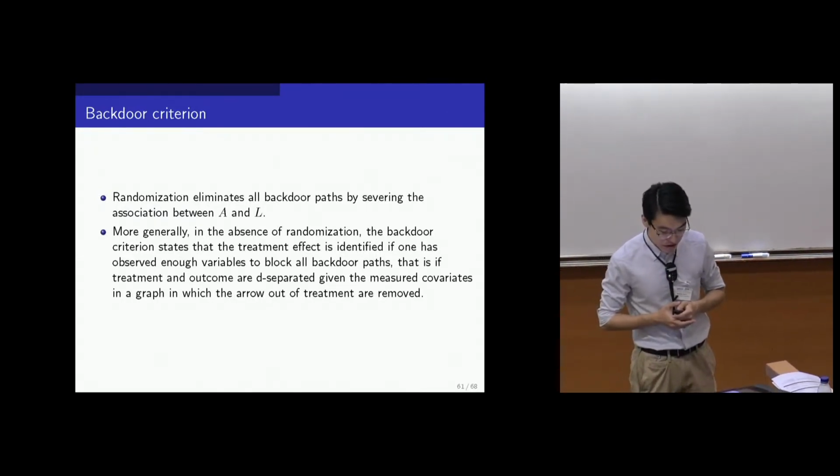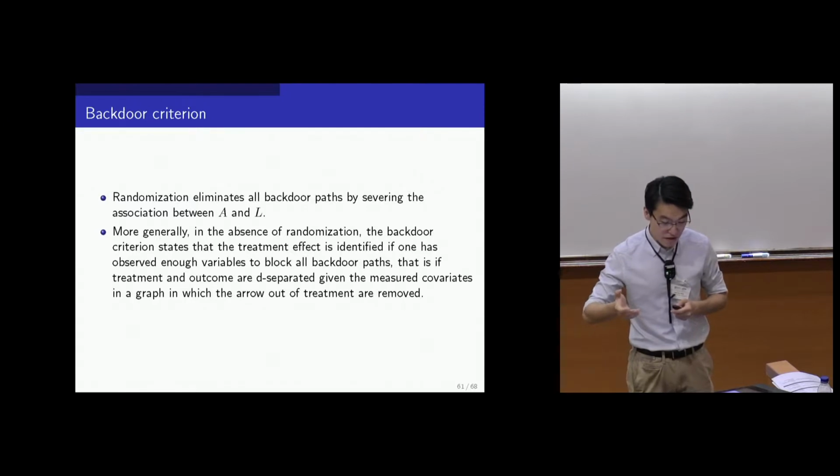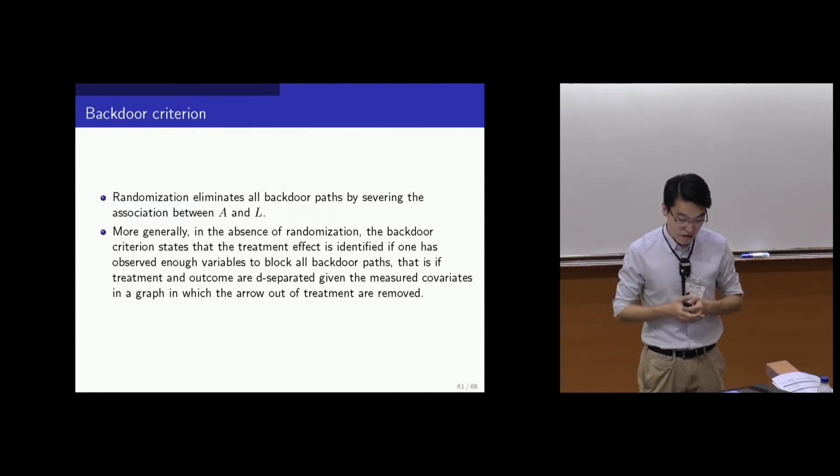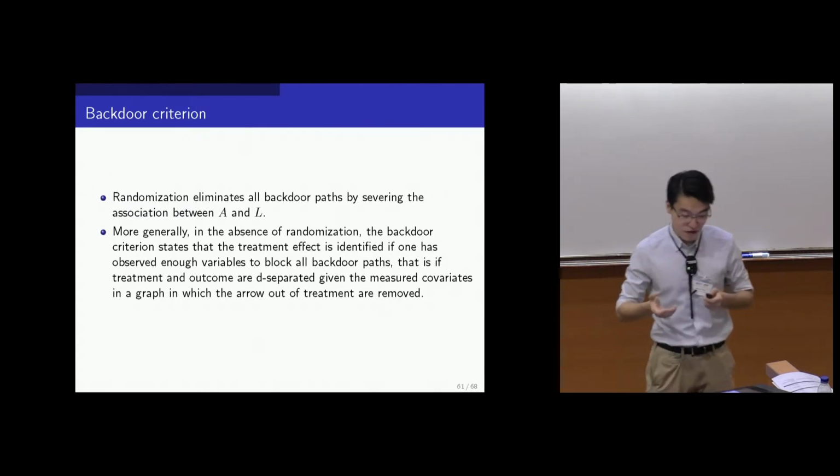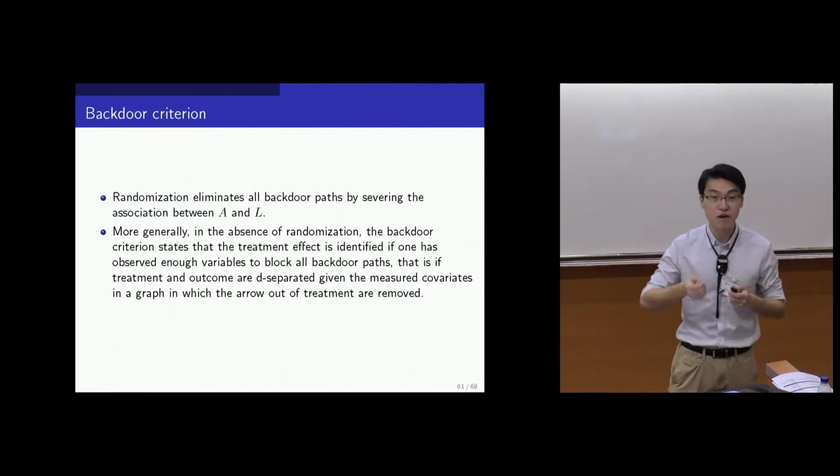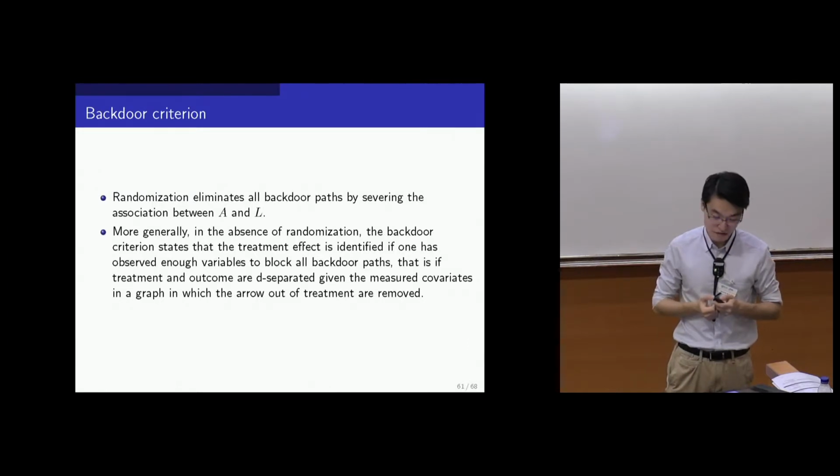So the backdoor criterion basically states that you can identify the treatment effect if you have observed enough variables to block all the possible backdoor paths.